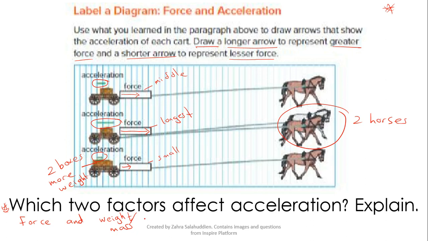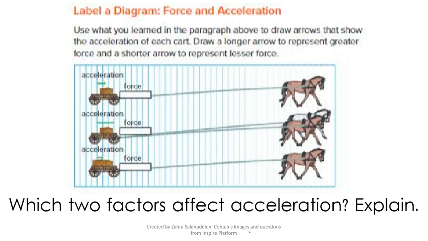Okay, you are going to say for the explanation, more force equals more, this word, acceleration. And less force, less mass, we'll just do mass. So more mass, like we see in the last one, more mass equals less acceleration.